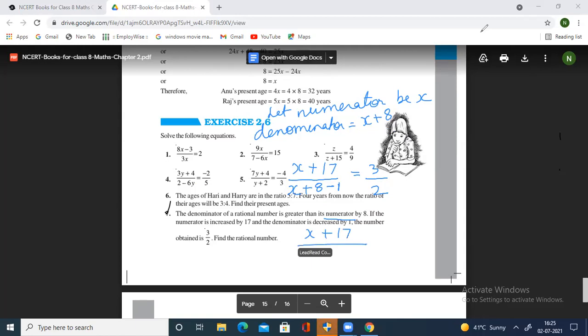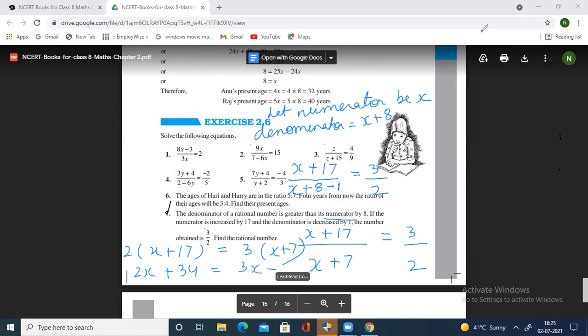Once you solve this, 8 minus 1 is 7. It is equal to 3 by 2. Now cross multiply. 2x plus 34 is equal to 3x plus 21. Okay, now 2x will come to the other side, so it becomes 3x minus 2x and 34 minus 21.